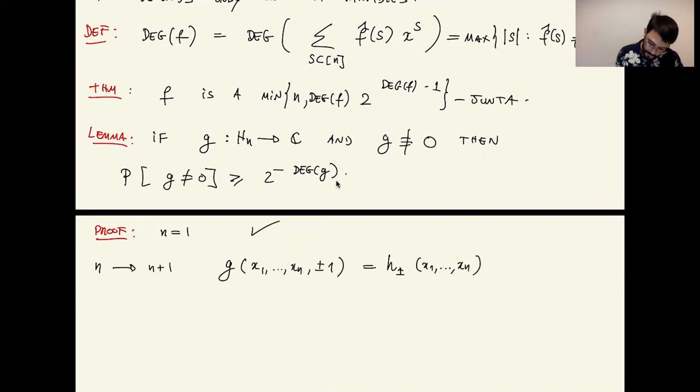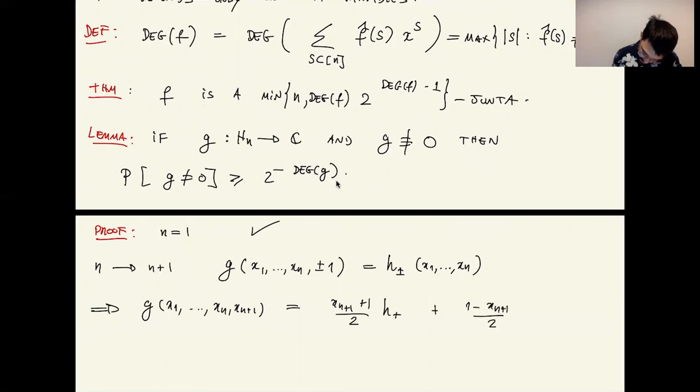So this implies that g of x1 up to x n plus 1 is actually equal to (1 plus x n plus 1) divided by 2 times h plus, plus (1 minus x n plus 1) divided by 2 times h minus. That's what it implies.